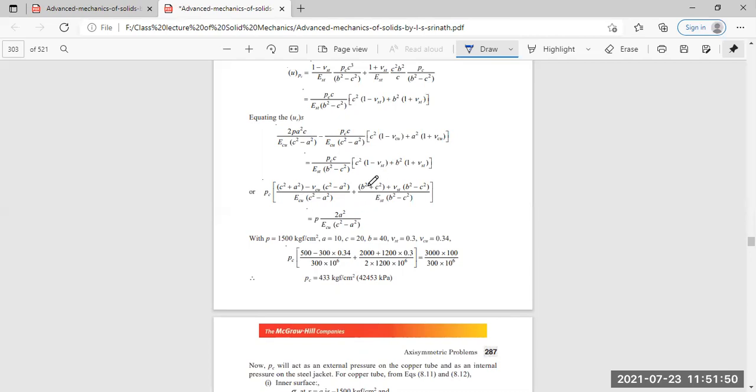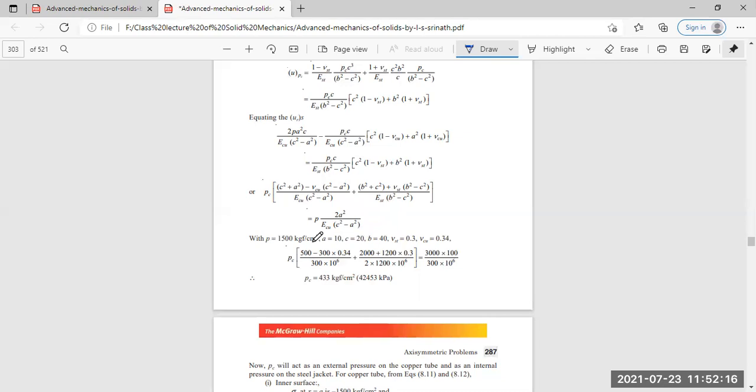B is the outer radius of the steel tube, and C is the inner radius of the steel tube. The Young's modulus of copper, Poisson's ratio of copper, Young's modulus of steel, and P square minus S square, which is equal to, in terms of P, 2 into A, the innermost radius, and E of copper divided by C into A.